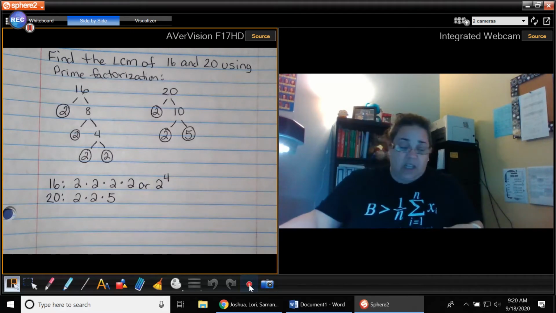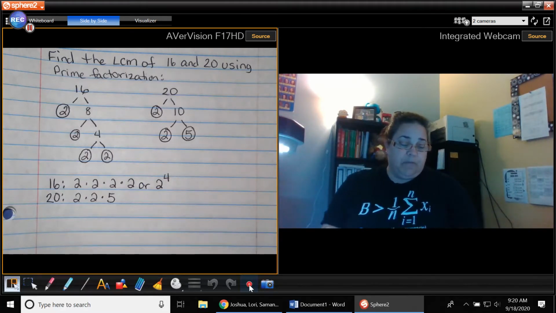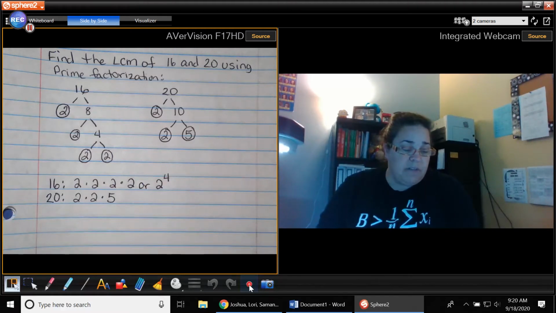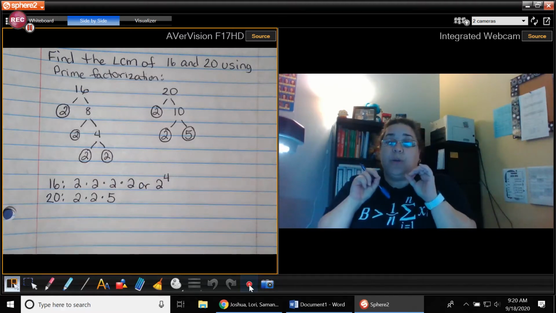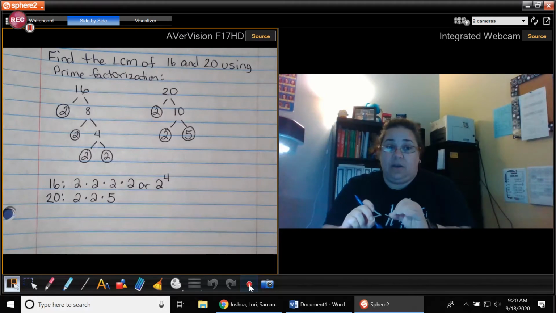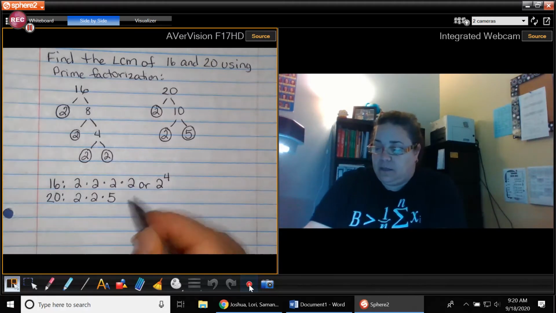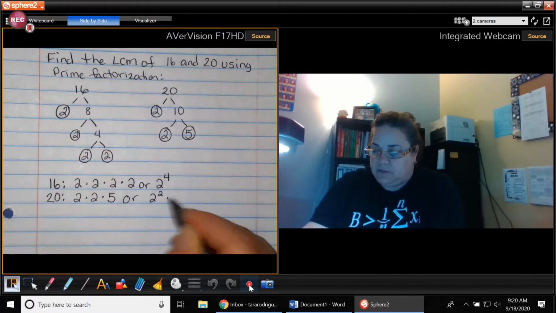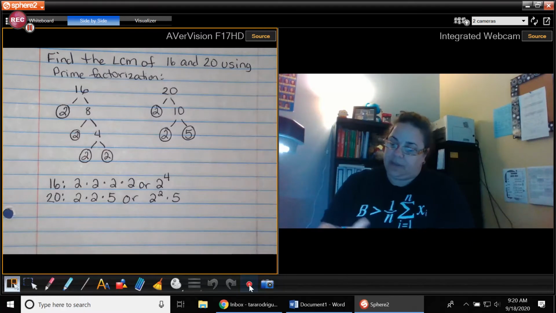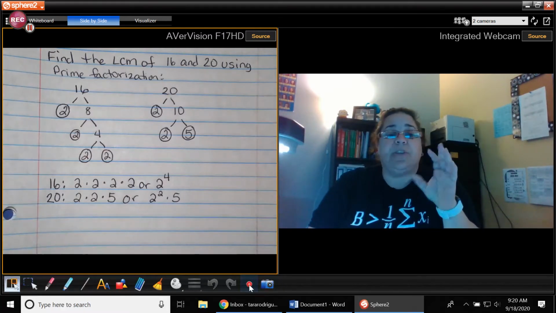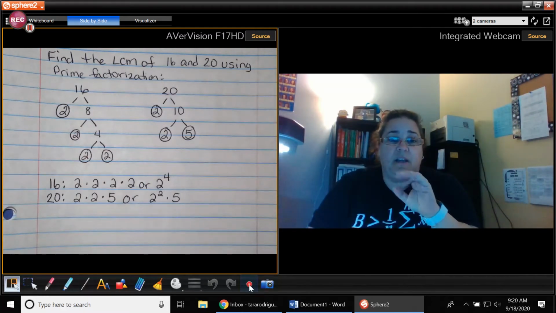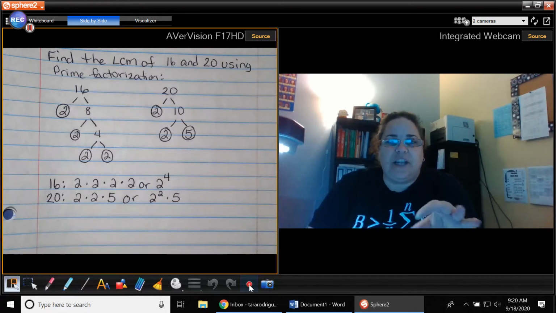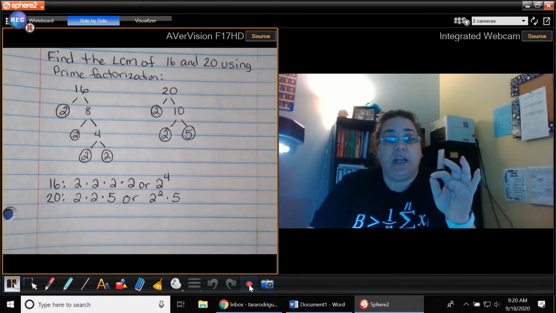The first thing that we're going to do is find any unique factors, and this is 2 to the 2nd times 5, okay? So when I say unique, I want to make sure that you understand that unique means different.